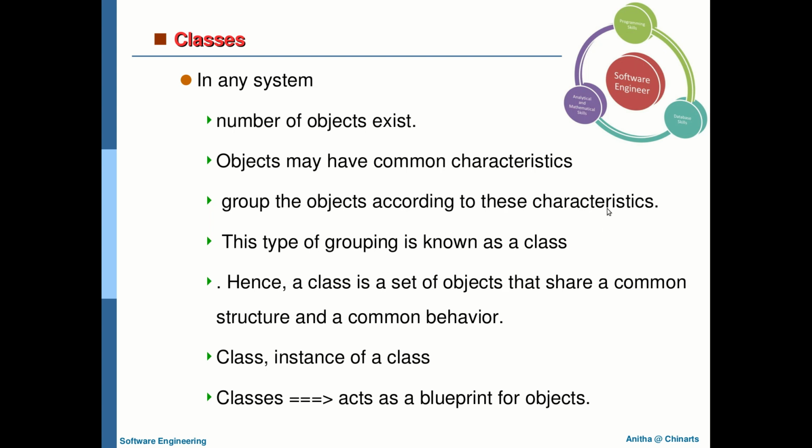The characteristics of the students will be the same, of the teachers will be the same, of the non-teaching staff will be the same. So you can group these objects and call them a class. Non-teaching staff becomes one classification, teachers another, students another. Hence a class is a set of objects which share a common structure and a common behavior.